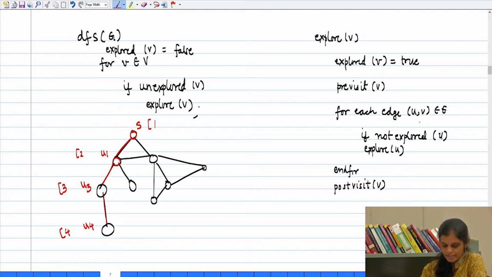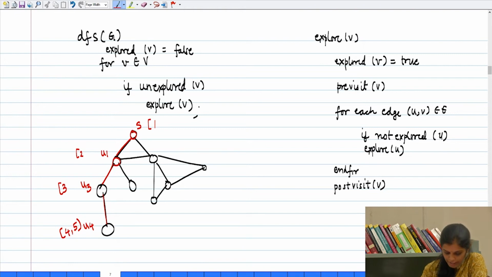There is only one edge, U4 to U3, which is already explored, so you have nothing to do. So this for loop ends, and now you have to give a post-visit number, which is going to be 5. Now you come back to U3, because that is where the recursion goes back, and you again ask for each edge incident on U3.